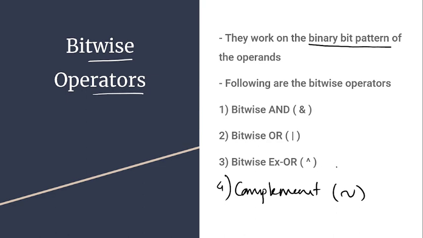If both of them are unequal, like 0 1 or 1 0, then the answer would be 1. Maybe I'll use the next slide for giving you the table of bitwise XOR specifically, because AND and OR we have already done. So the table: A, B, A XOR B.